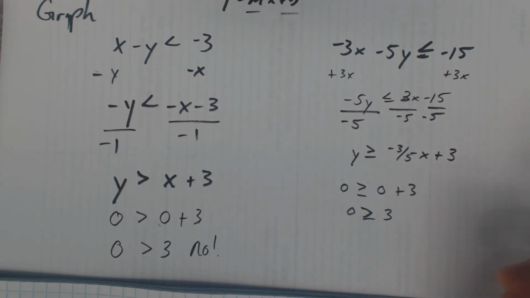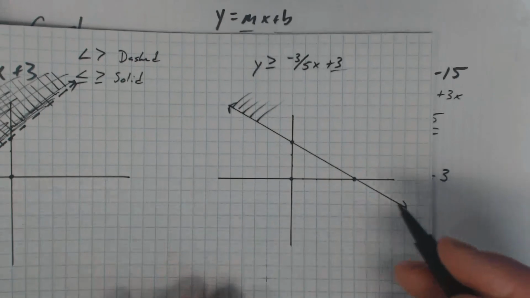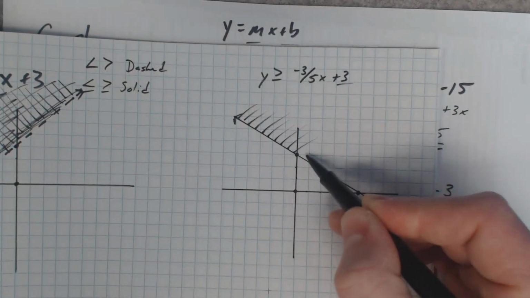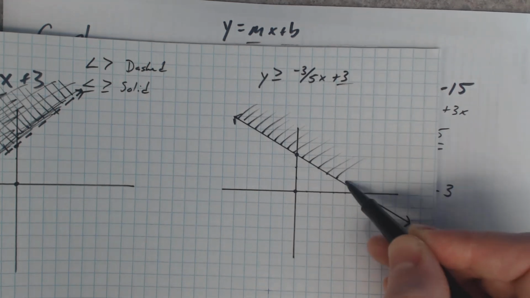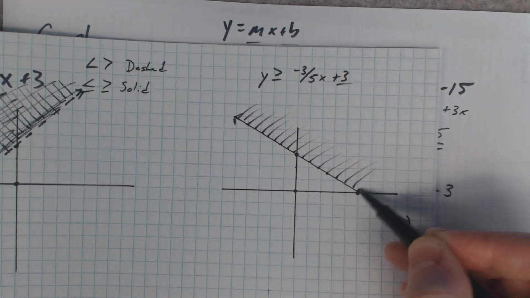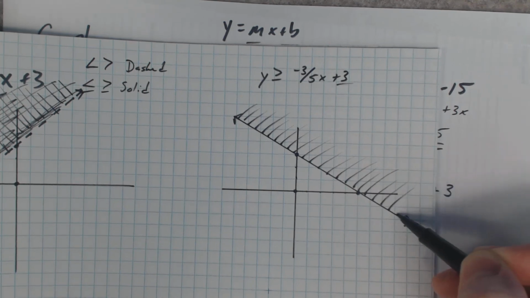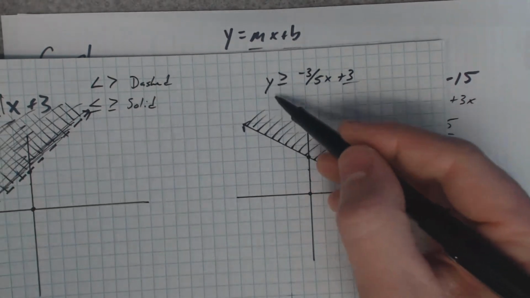Is 0 greater than 3? Now, do not shade the test point. I'll shade above this line here. Every point up through here will work. Every point below that will not work.